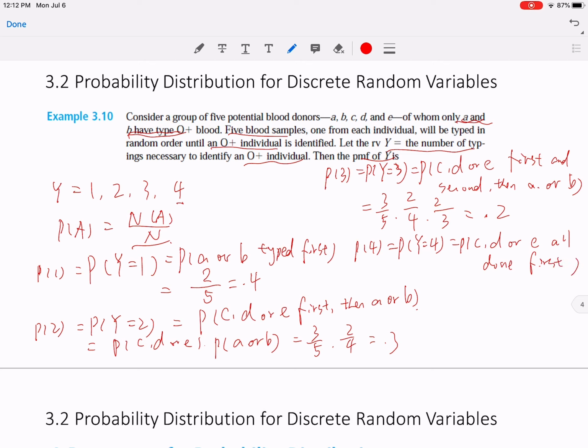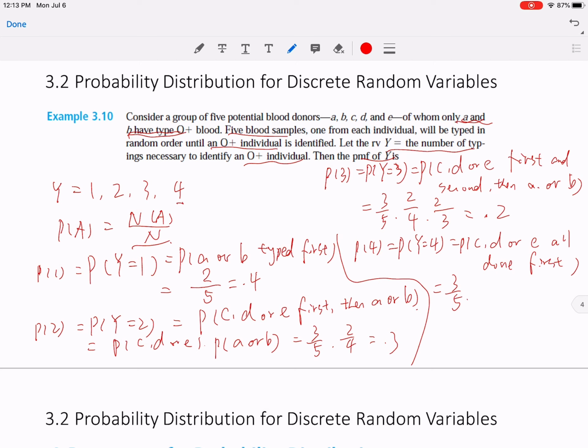Right? The first three types are all coming from C, D, or E. Now let's take a look at how to find this probability. So let's think of it one by one. First type, how many people do we have for the first type? 5 of them. And how many of them don't have O positive? 3. So the probability would be 3 over 5.